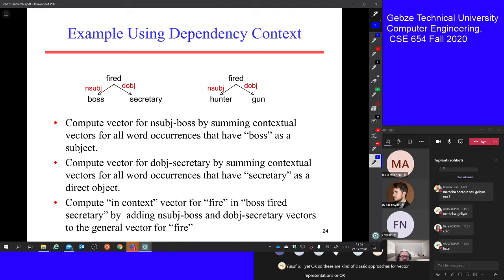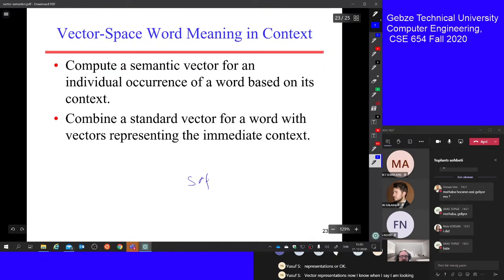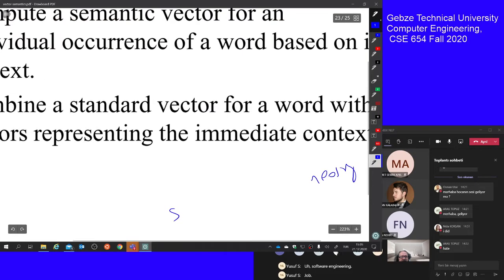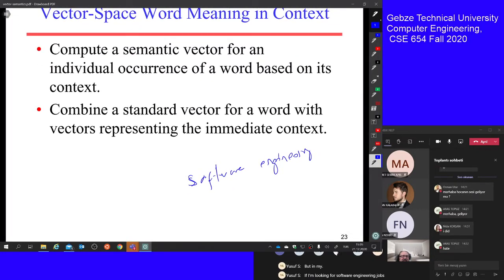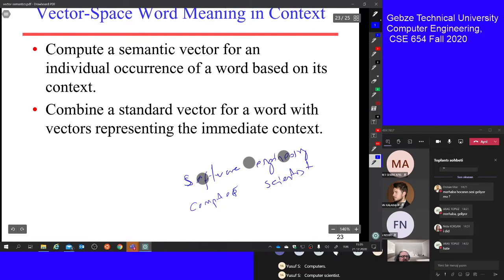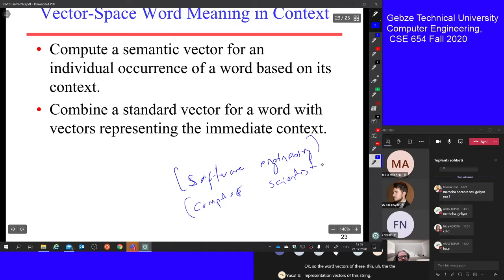Now when I say I am looking for a software engineering job, but in my data set there is computer scientist, the representation vectors of this string and that string will be very similar because their contexts are similar.